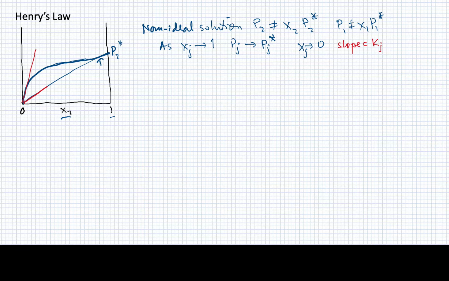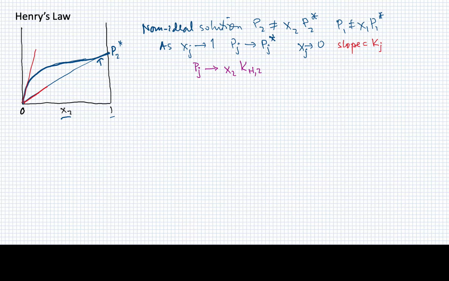All right, so that slope is going to depend on the compositions of the mixture. So what we find in this case is that the vapor pressure for component j is actually going to go as the mole fraction times this slope.